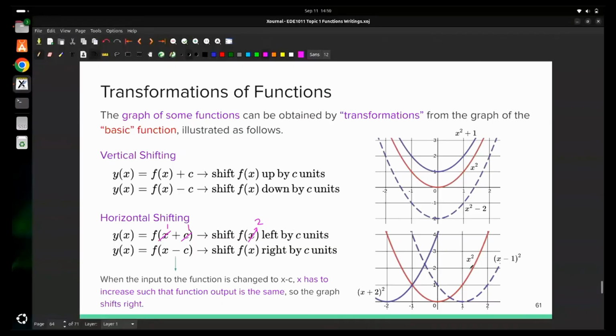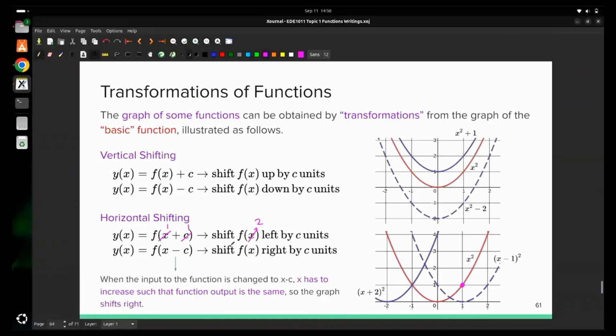Isn't this legit? Now look at the x squared graph. Say I want to get the function value at 1. F of 1 equals 1 for x squared. Now look at the new function, this one with minus 1. How can I get 1 back? I must make my x 2, because of the minus 1. So if I have a minus, then my x will increase. If I have a plus, then my x must decrease.